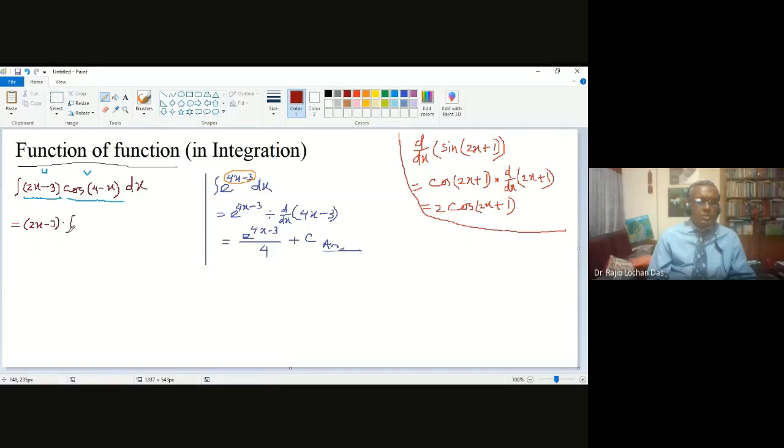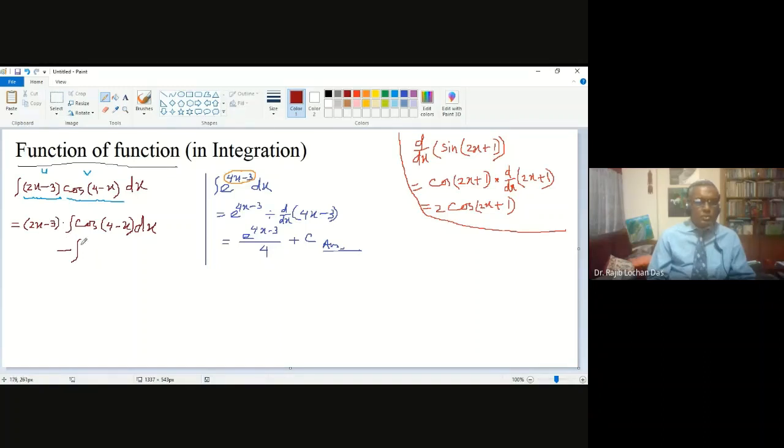integration cos 4 minus x dx, and then minus integration, use one second bracket here.